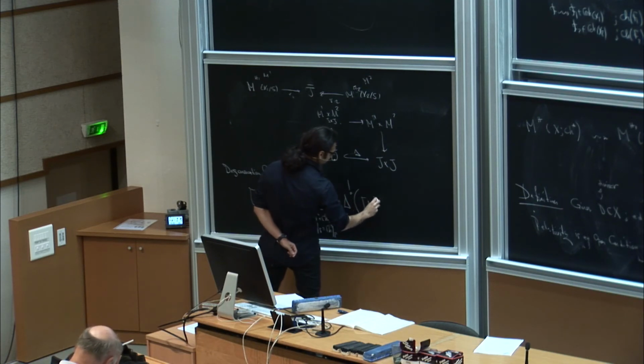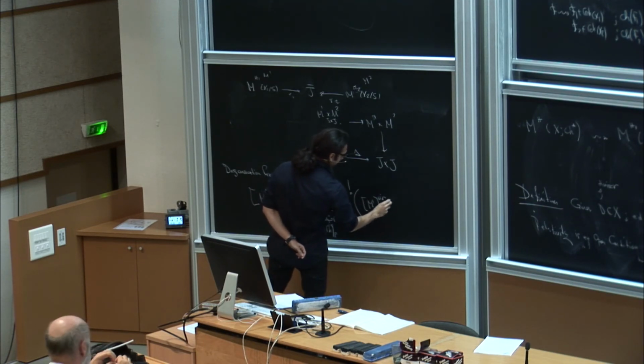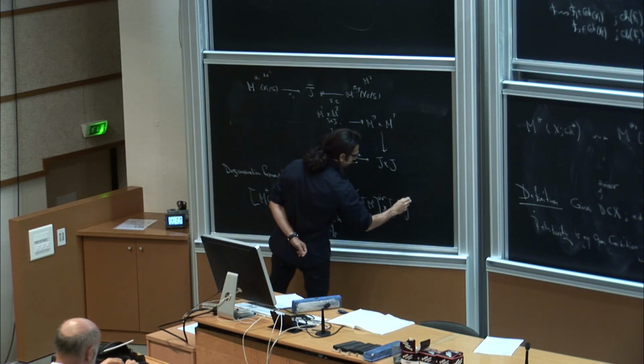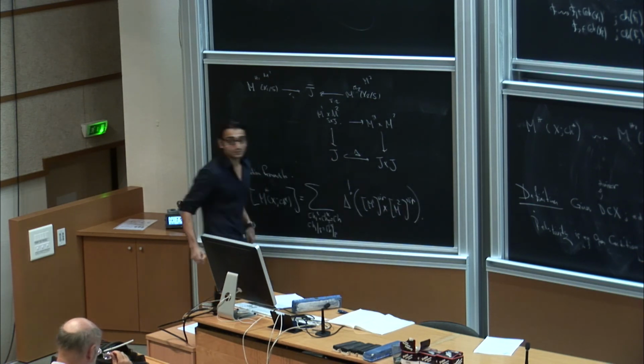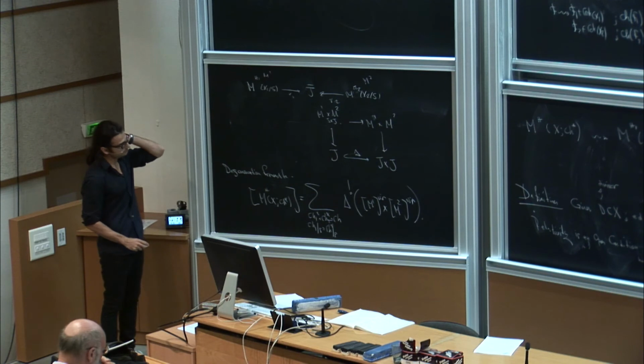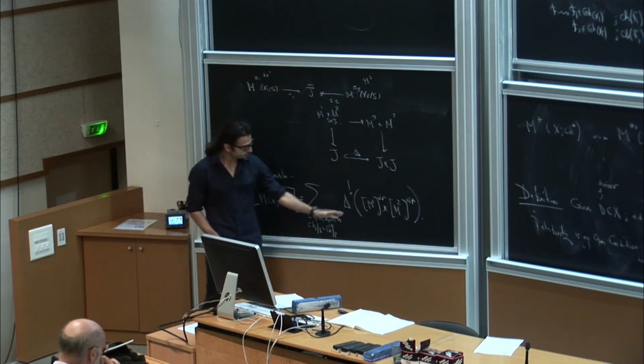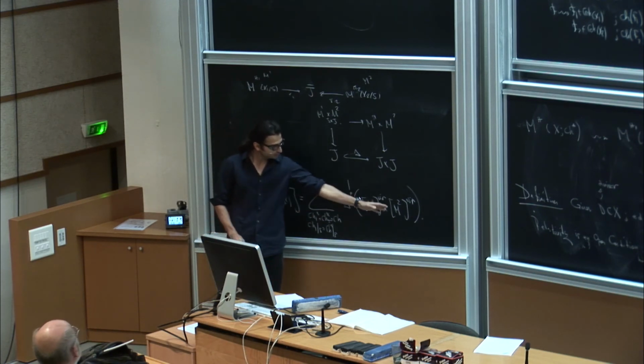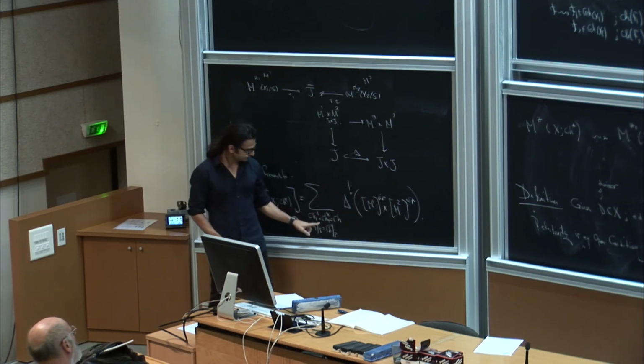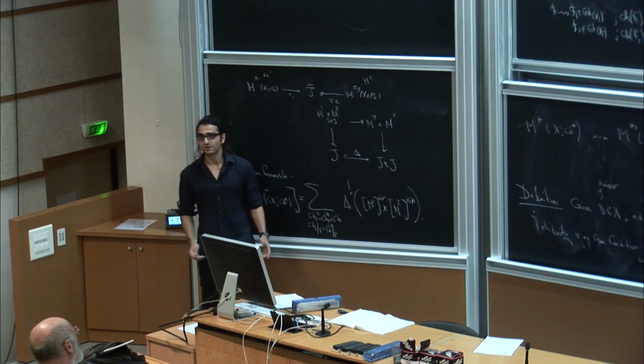So M1 virtual times M2 virtual. Okay, so that's what it is. It gives you a way of relating sheaves F to all possible ways that it can break into F1 or F2, subject to the fact that the gluability condition is satisfied.